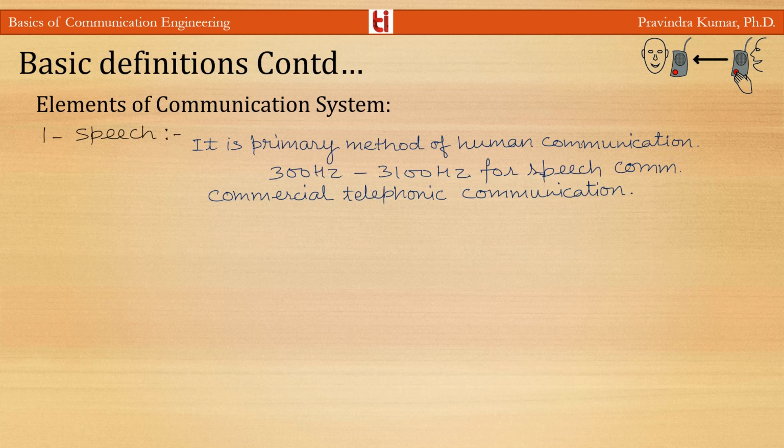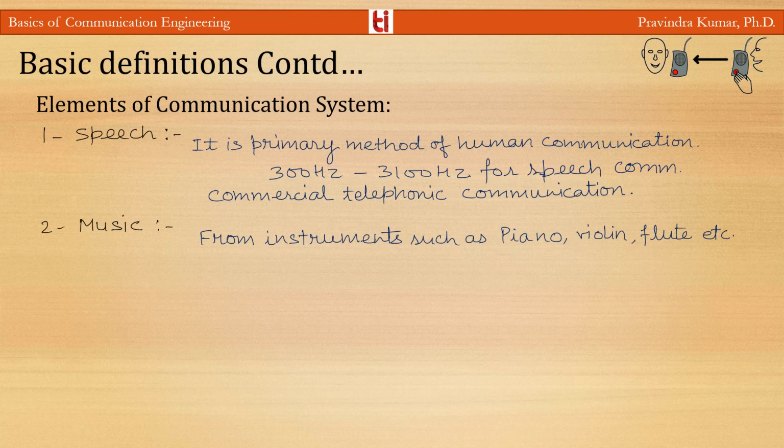Another is music. The music signal originates from instruments such as piano, violin, flutes, etc. The music signal is a bipolar signal and needs a bandwidth of about 15 kilohertz.